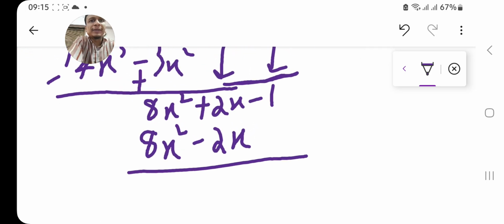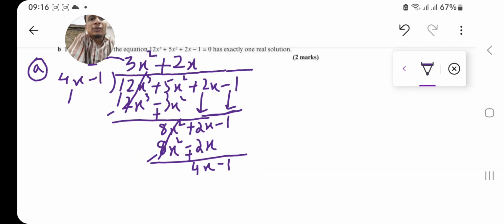Now subtraction: reverse the sign, plus becomes minus and minus becomes plus. The 8x square and 8x square cancel out, and plus 2x and plus 2x becomes 4x, and here is minus 1, just bring minus 1 downward. Now see that this term 4x minus 1 and this term 4x minus 1 are both the same, so no need to multiply with any other factor, just 1 is enough. Multiply with 1, it becomes 4x minus 1.